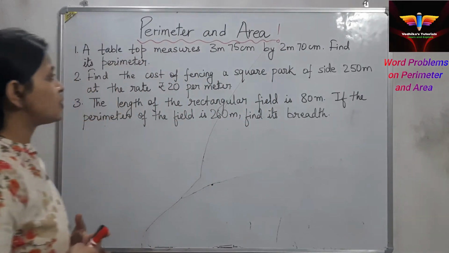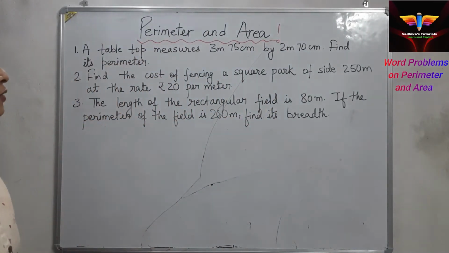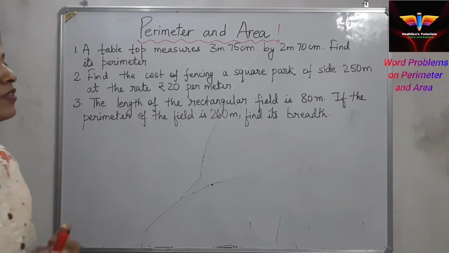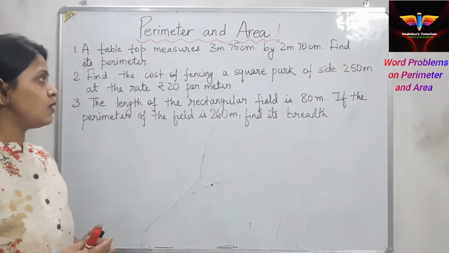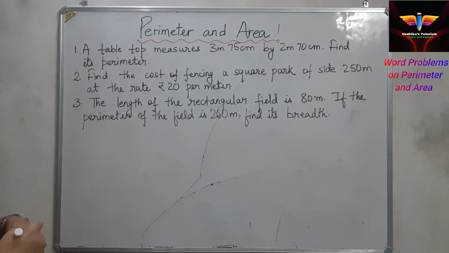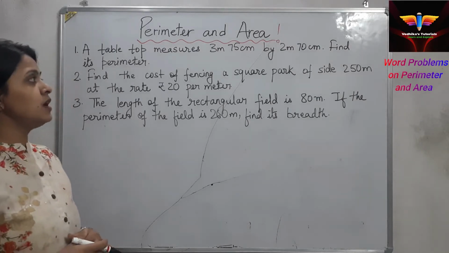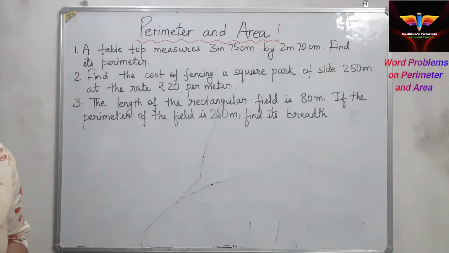Here on the board you can see that I have written a few questions, so we are going to solve all the questions one by one. Okay, so let's solve the first question first. A tabletop measures 3 meter 75 centimeter by 2 meter 70 centimeter.